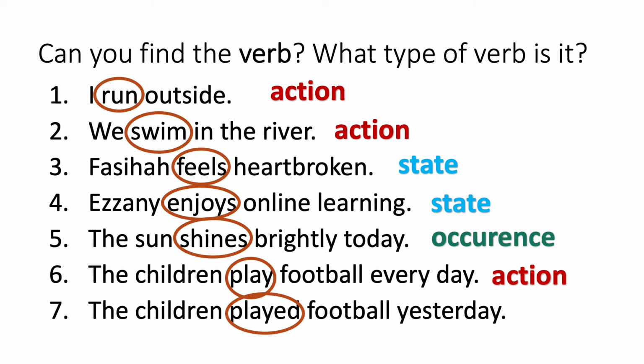Good job. Now, I would like to bring your attention to number 6 and number 7 again. Both sentences look pretty similar, except one is play and the other one has the verb played. Now, they both mean the same thing, but their spelling is different and they are in different forms. So the question now is, how many forms can a verb take?